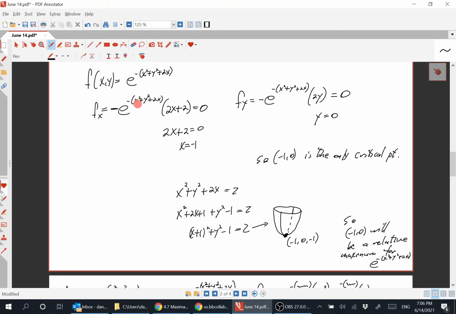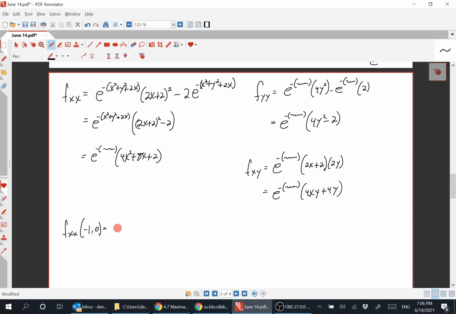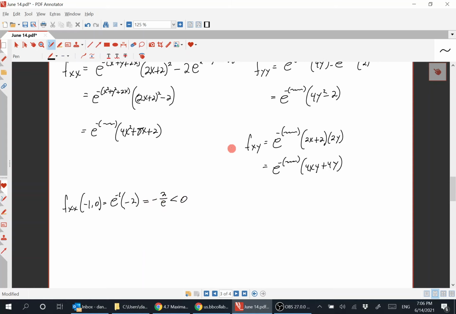So that's 1 plus 0 minus 1, or minus 2, so it gives you minus 1. So it's e to the minus 1, which is a positive quantity. And then plugging in the minus 1 into this, 4 minus 8 plus 2 is minus 2. So this is a negative quantity. So it's minus 2 over e, which is negative.